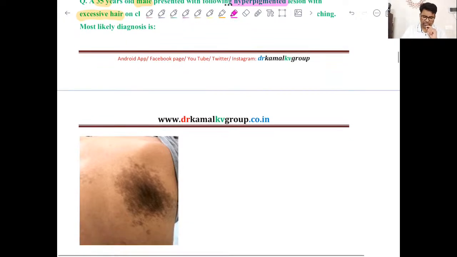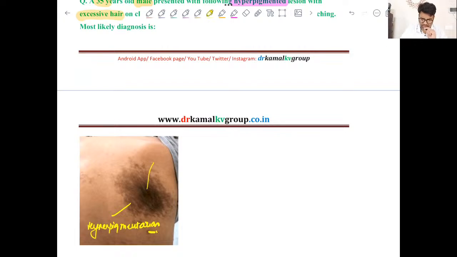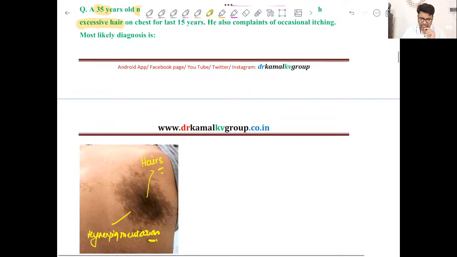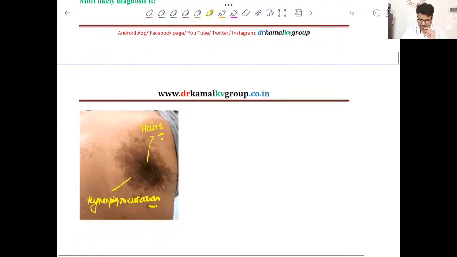So if you look here, there is hyperpigmentation. Yes, you can see the darkness, right? So there is a hyperpigmented patch, and there are hairs on this lesion.